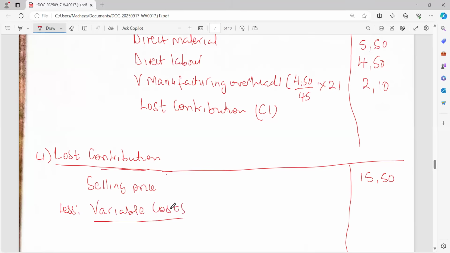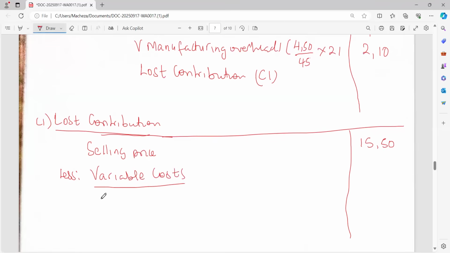So in our variables, we have the direct material. The direct material is 5 Rand 50. Then we have direct labor.